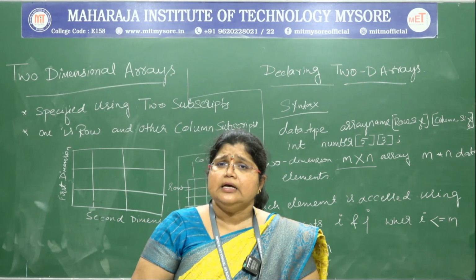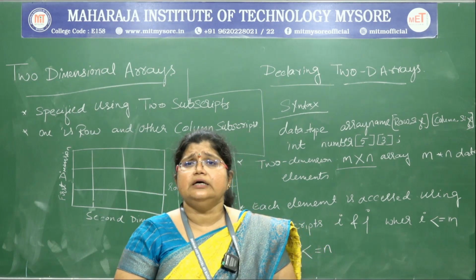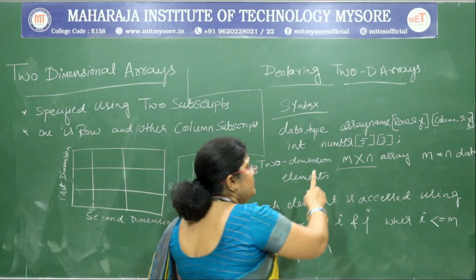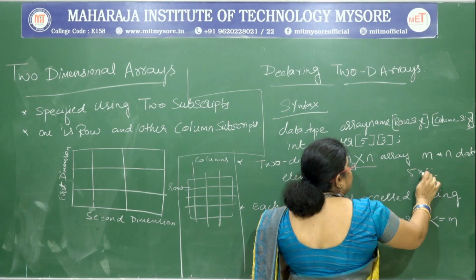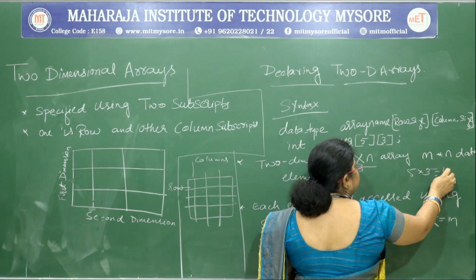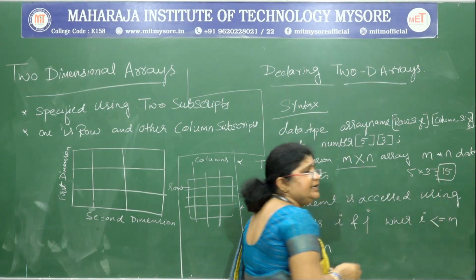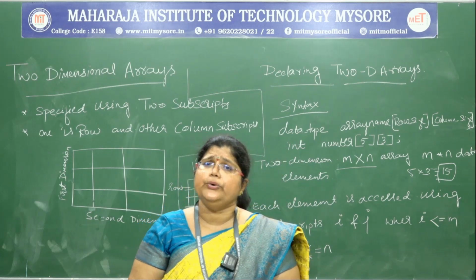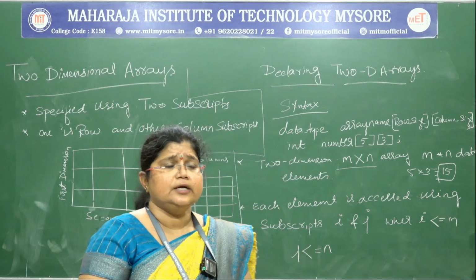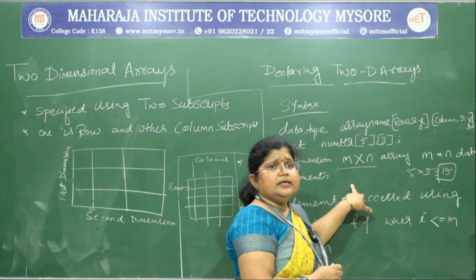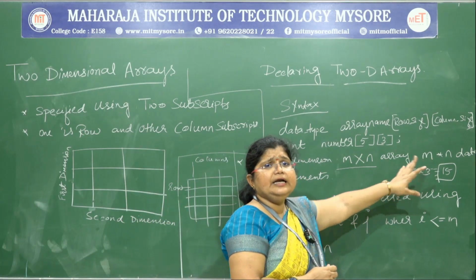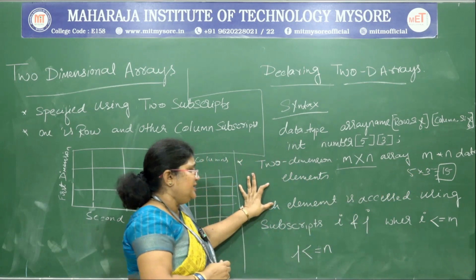With 5 rows and 3 columns, 5 into 3 is equal to 15. So, 15 data elements will be stored in memory. In a two dimensional array, there are m cross n data elements.